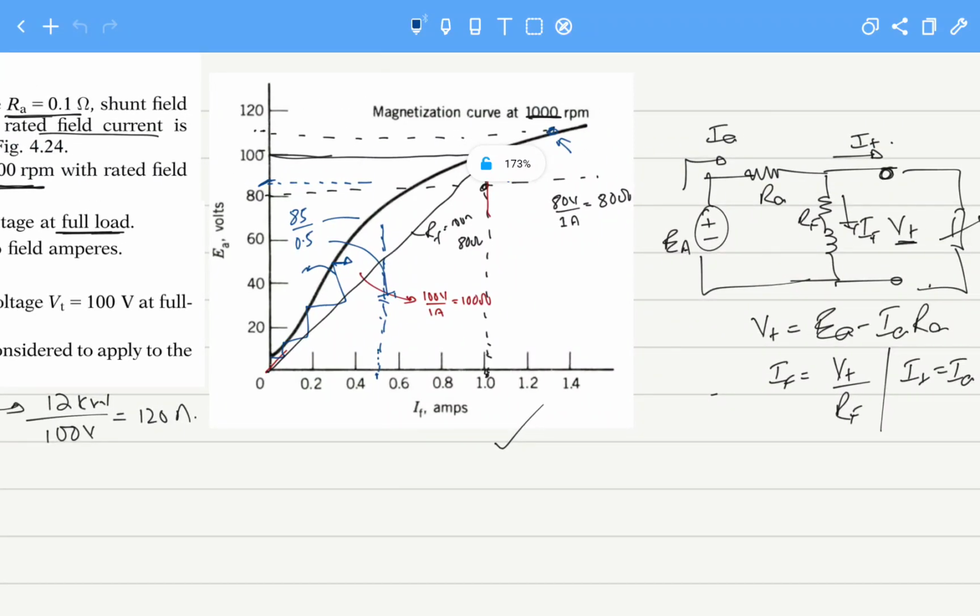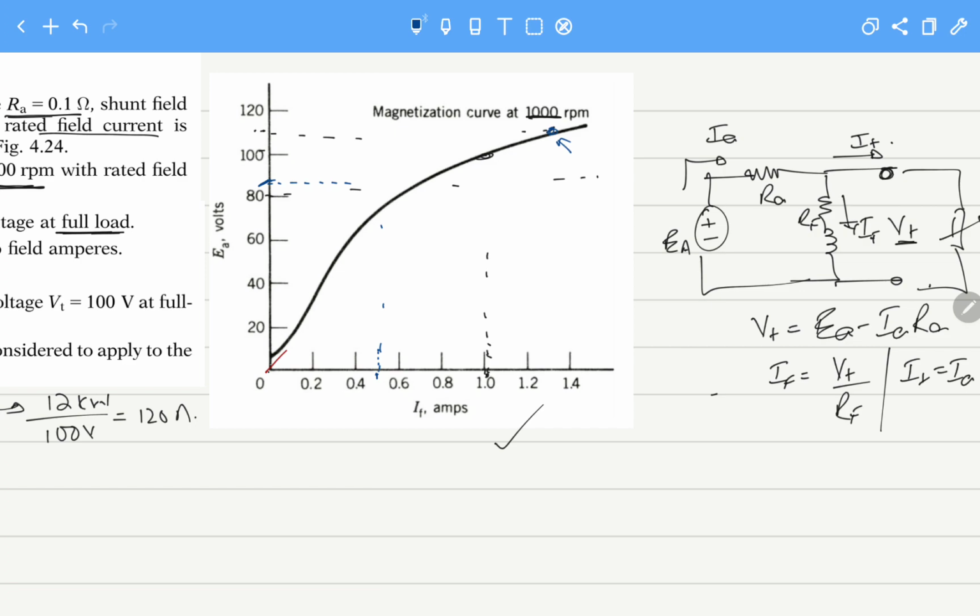Let's look at the magnetization curve, if we clean all the other things. What it is saying is we want to generate 113 something volts here, and that will be produced by a current around here somewhere.